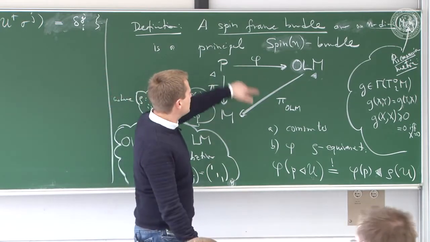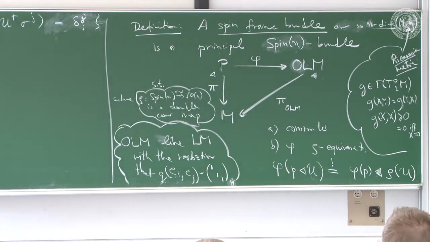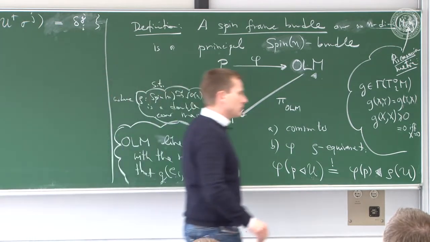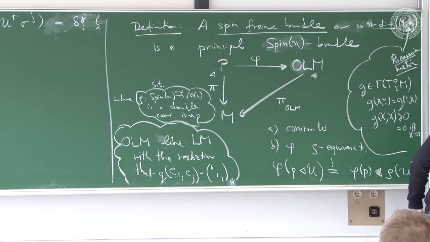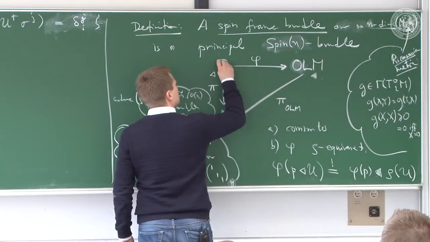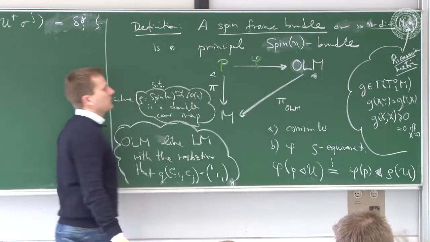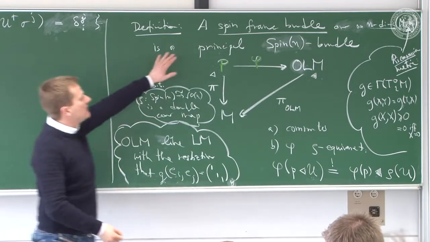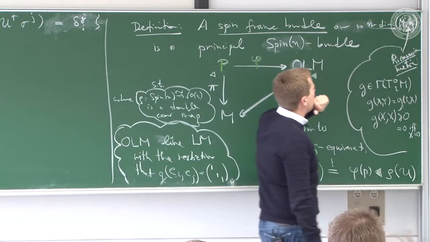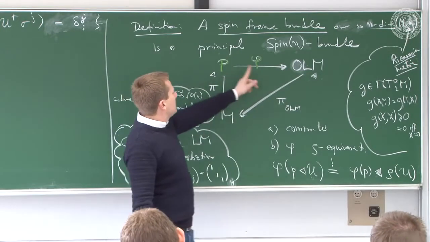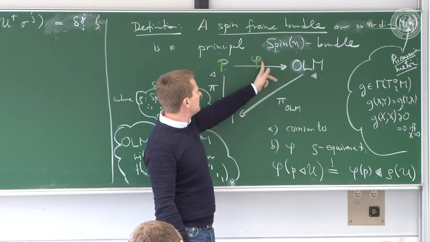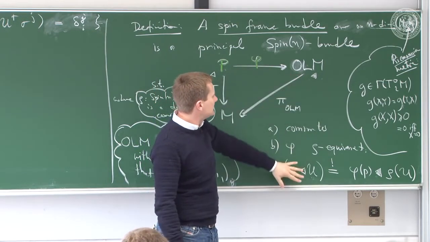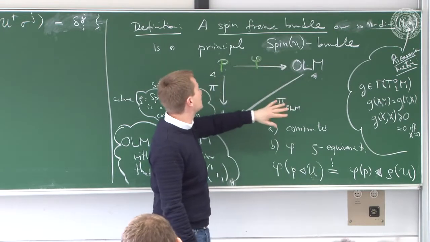Okay, so this is a spin frame bundle, and the data you need to provide for this is obviously this total space and this map into the orthogonal frame bundle. So once you're given an n-dimensional Riemannian manifold, you need to provide this spin total space and this phi such that this is satisfied, and this is also a double cover map and so on.